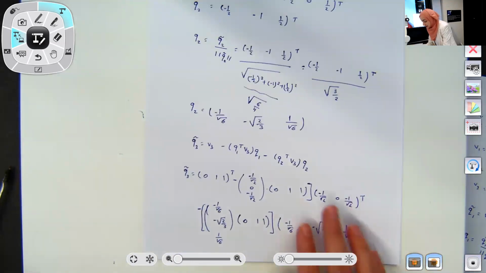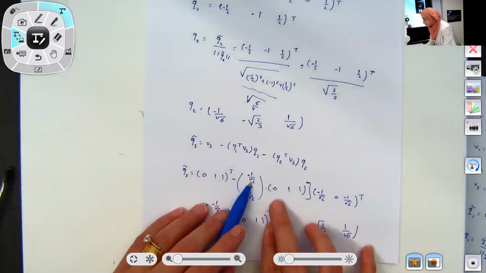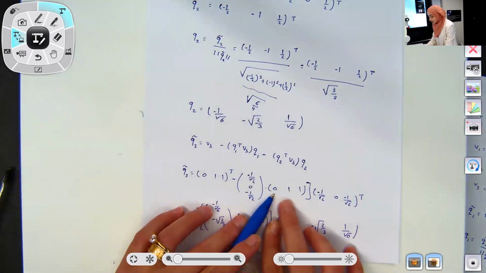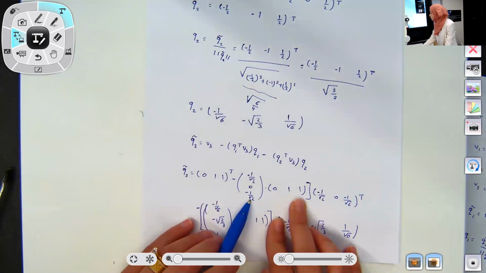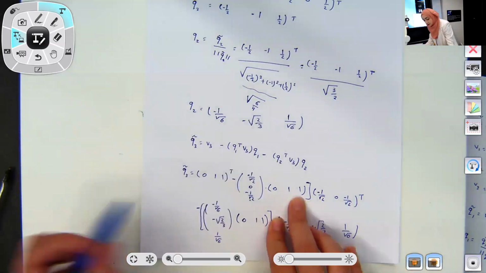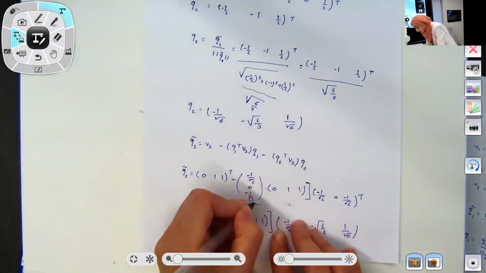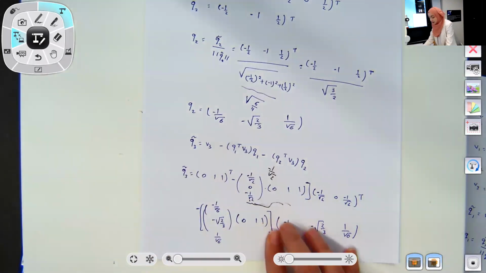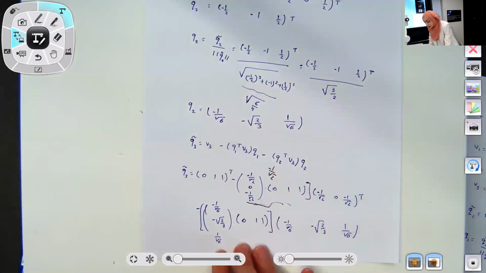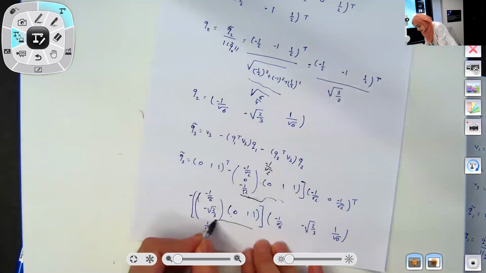Now, if you multiply here, minus 1 over square root of 2 with 0, this is 0. 0 times 1 also is 0. Minus 1 over square root of 2 with 1. So from here, we get minus 1 over square root of 2. And from here, if we multiply minus 1 over square root of 6 with 0, this is 0, and minus square root of 2 over 3 times 1, this is equal to minus square root of 2 over 3.